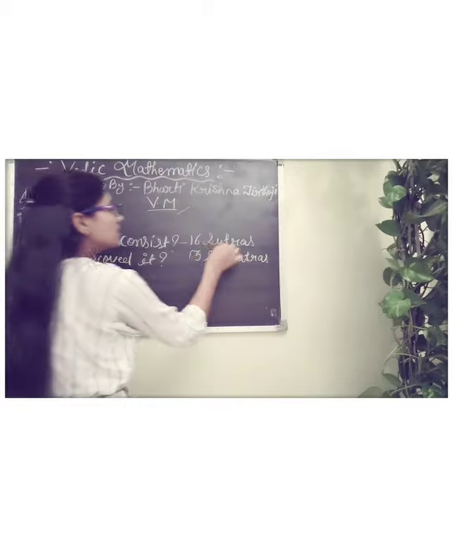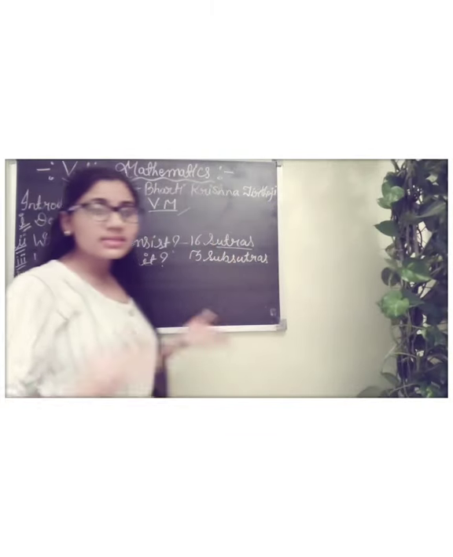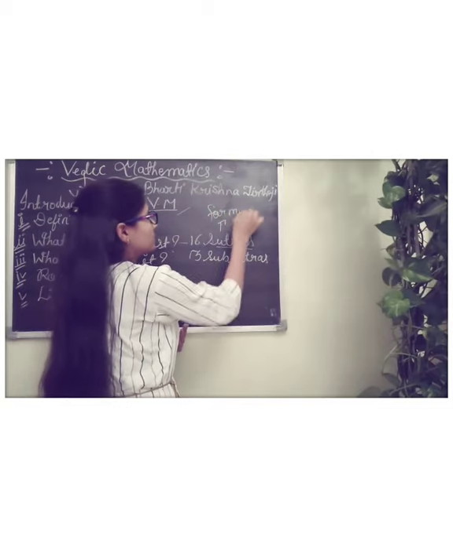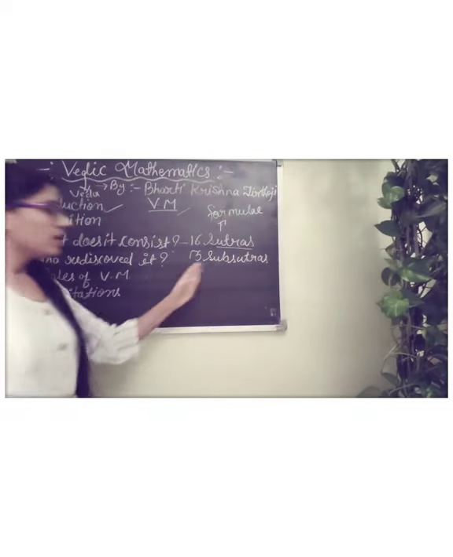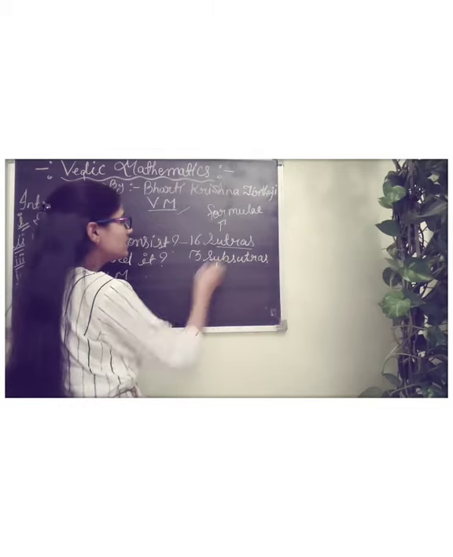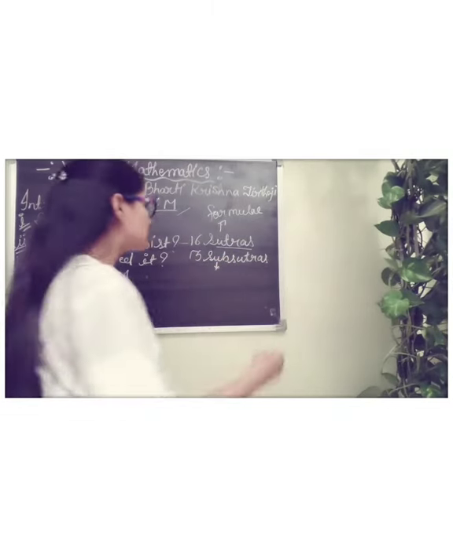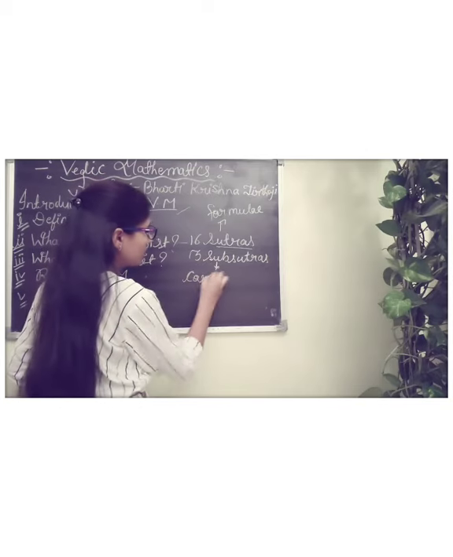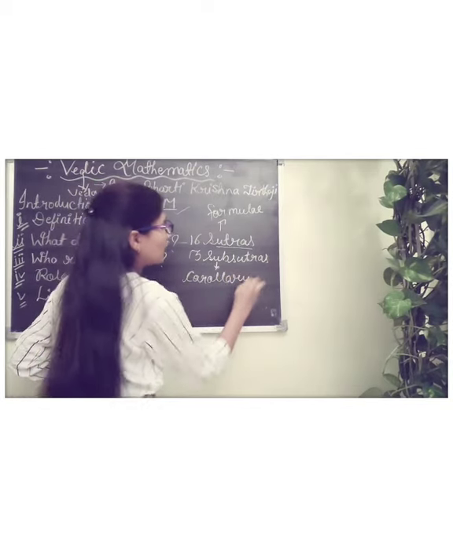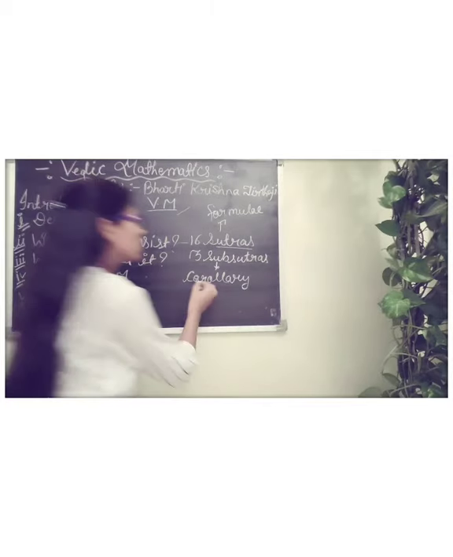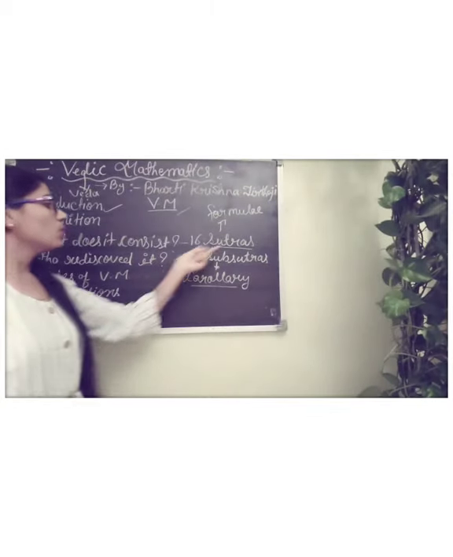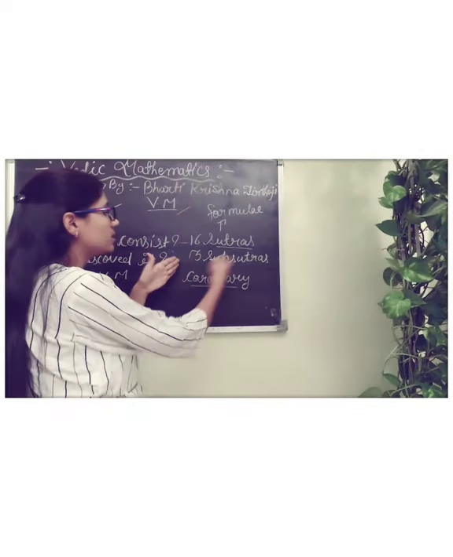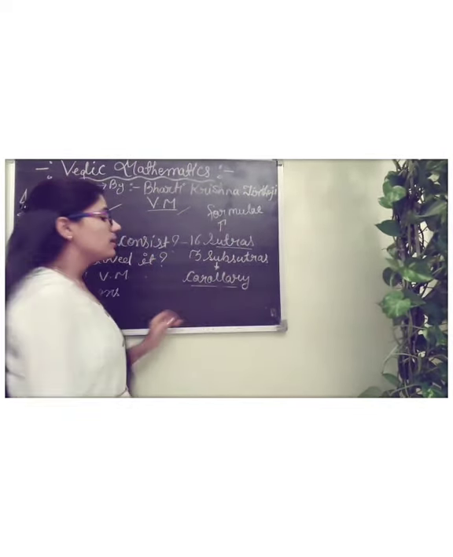These 16 sutras are similar to the formulae in mathematics, and sub-sutras are like the statements which you might have seen before or after theorems, named as Corollary.